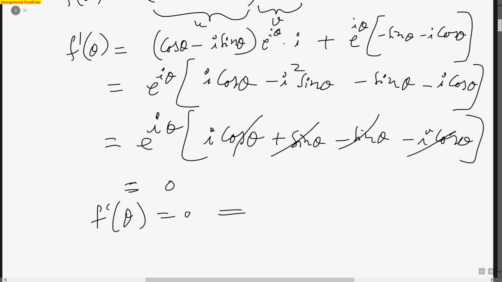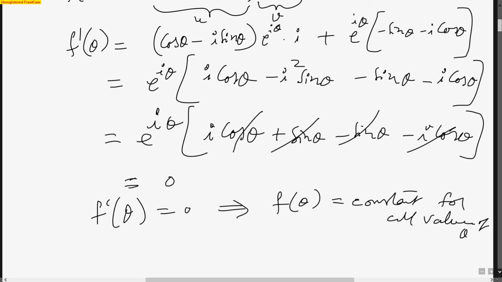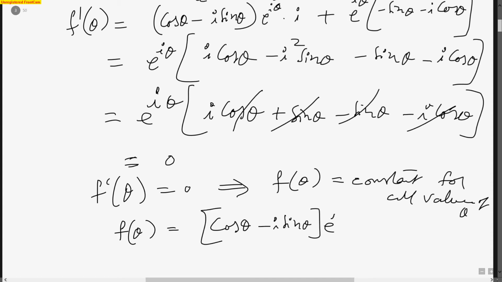So this gives rise to f of theta must be constant for all values of theta in an interval theta 1 to theta 2. So what is f of theta? f of theta is equal to cos theta minus i sin theta times e power i theta.